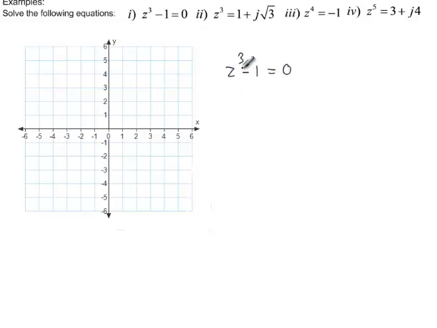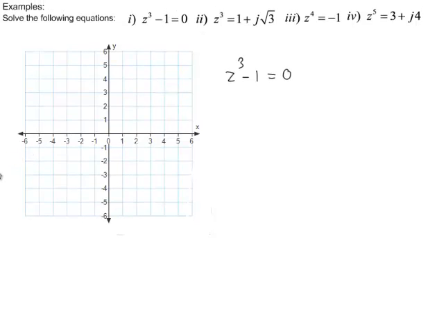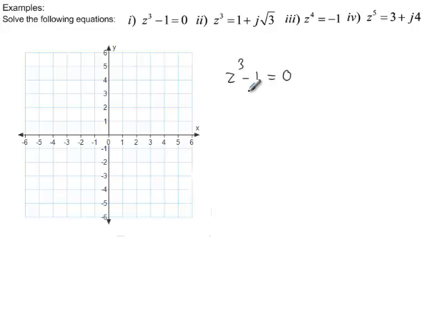So this is a cubic equation, and we expect to have 3 roots. If Z was a real number, x cubed, we would have only one solution. But now we've got complex numbers, we've got a chance to have 3 roots.